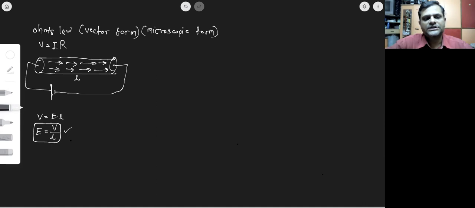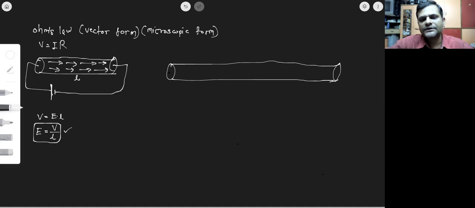So intensity and potential difference are related to each other by this relationship, which actually means that if the conductor is of very large length, and the potential difference is the same, then the electric field will be very weak inside this conductor. And if the length of the conductor is very short, and we apply the same potential difference across it, it will produce a very strong electric field, just because the length is very short.